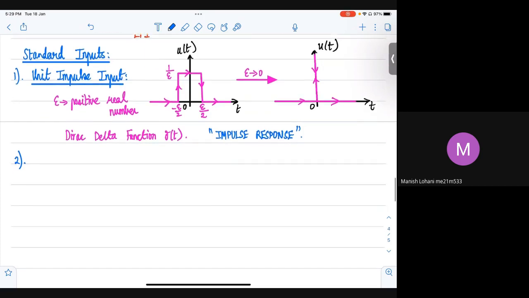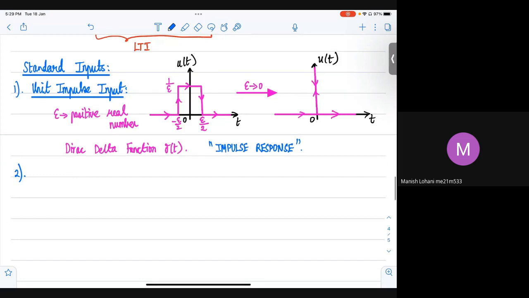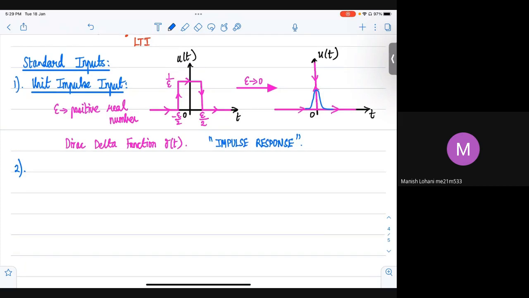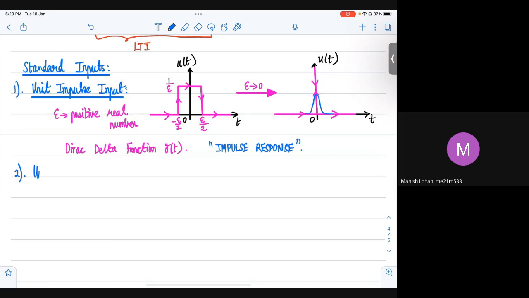So if you look at reality, even if you want to do this pulse steer test, the steering angle input is going to increase suddenly and then come back to 0. Of course, we would want to reduce the width of the signal as much as possible and increase its height to the best possible extent. So that is the impulse input and impulse response.